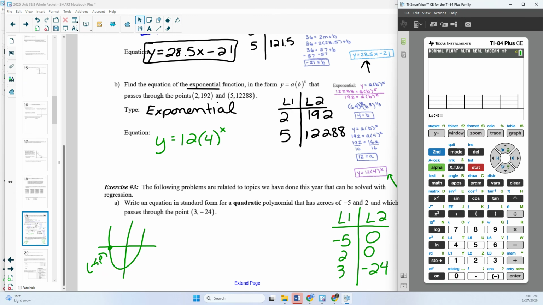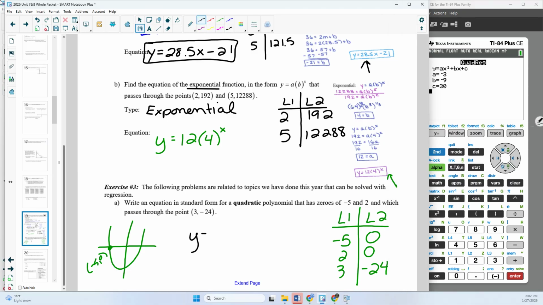So we'll go to our stat menu, go over to calc, and it looks like choice 5 is the quadratic regression. And there we'll see our basic ax squared plus bx plus c, which we know is the equation of a quadratic. So my equation here is -3x squared minus 9x plus 30.